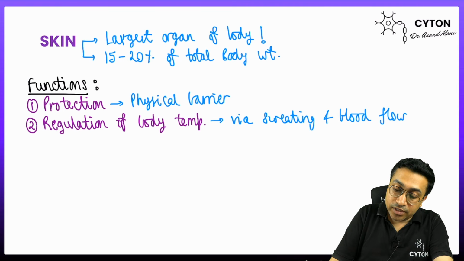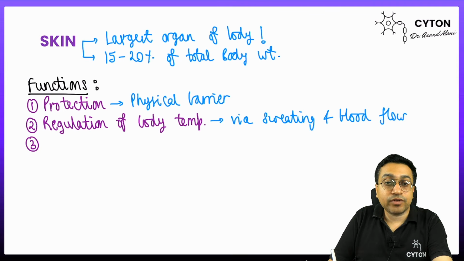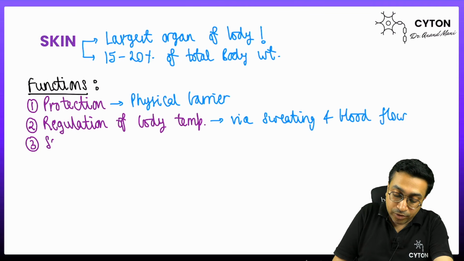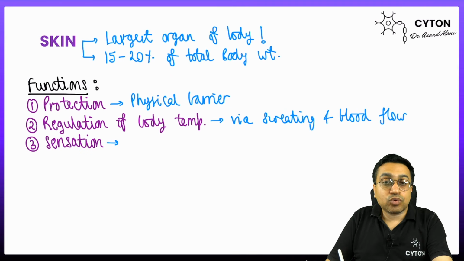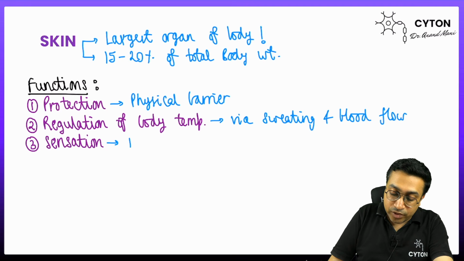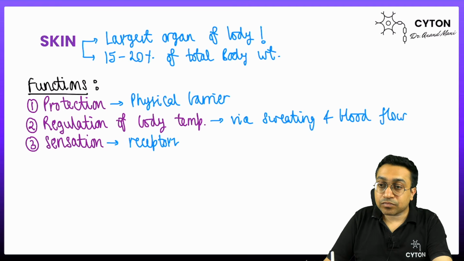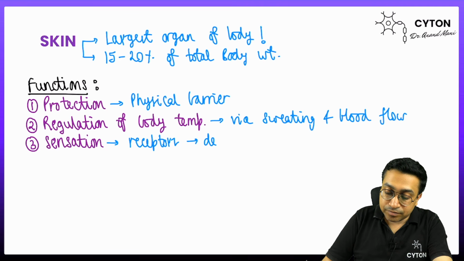Then third point we have, that is the sensations, very important. Whole neuroanatomy is stuck on this. So what are these? Skin contains receptors which will detect the stimuli, right?